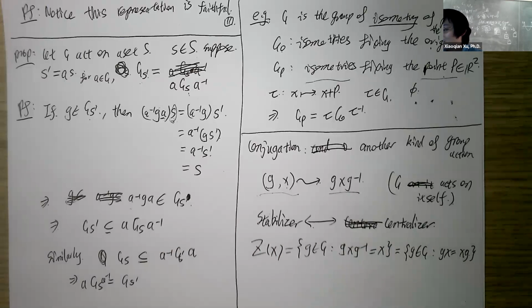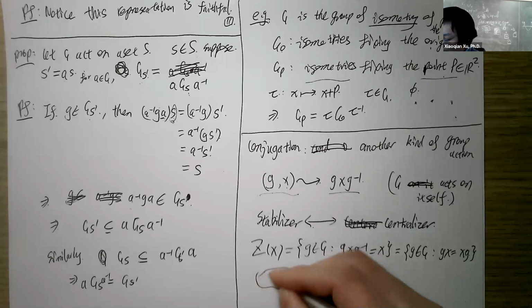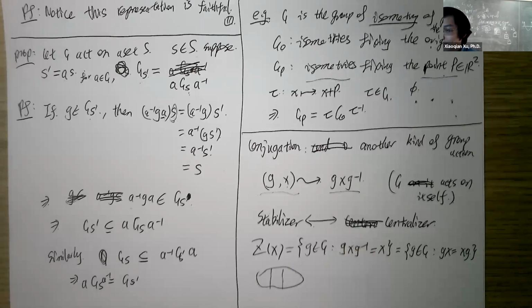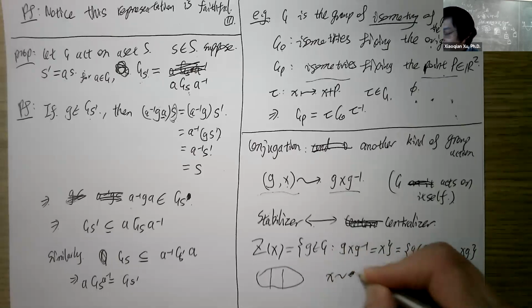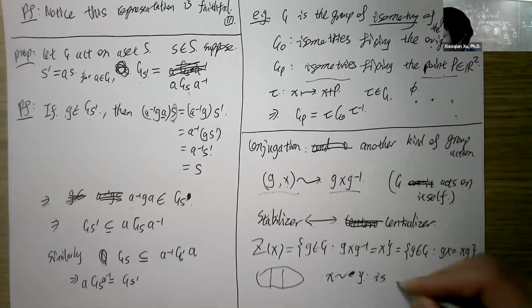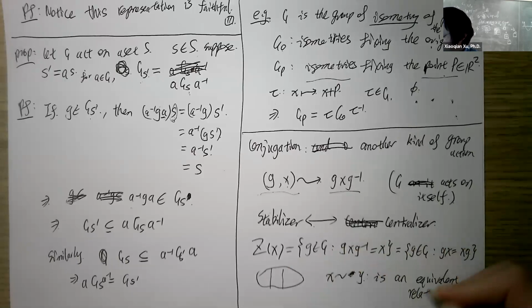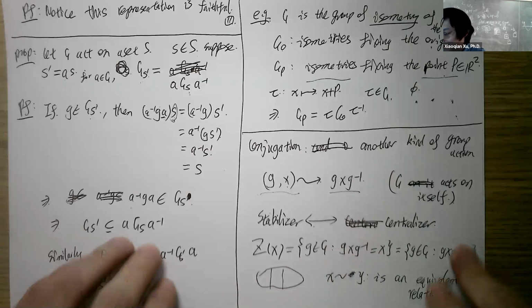And you can see that this conjugacy action can also divide a group into different classes, because one element being conjugate to another element is an equivalence relation. So the conjugacy classes are still equivalence classes.